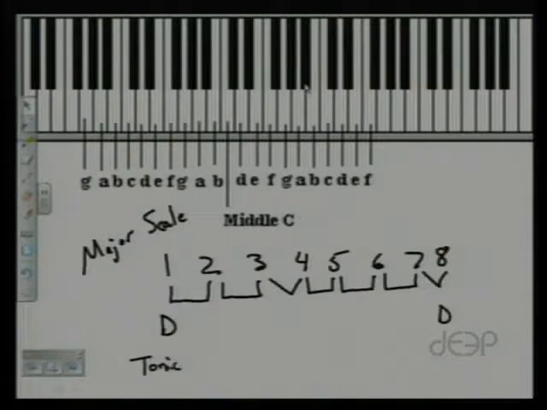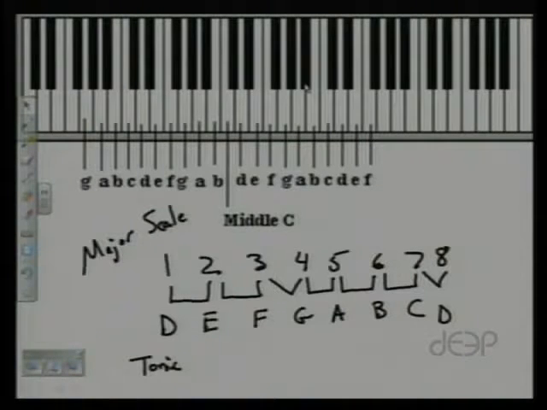Now, from there, we have to use every letter in the musical alphabet. So E is second, F, G, A, B, C, and D. So this gets us about halfway there on the major scale.